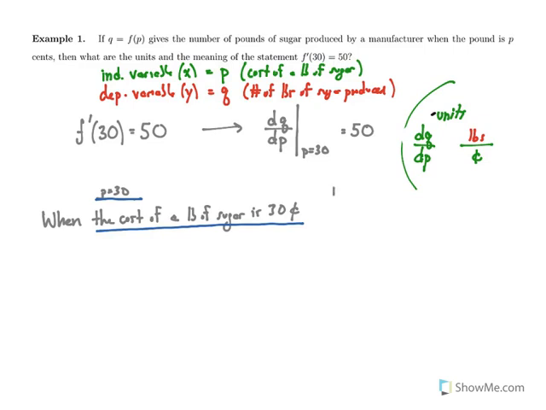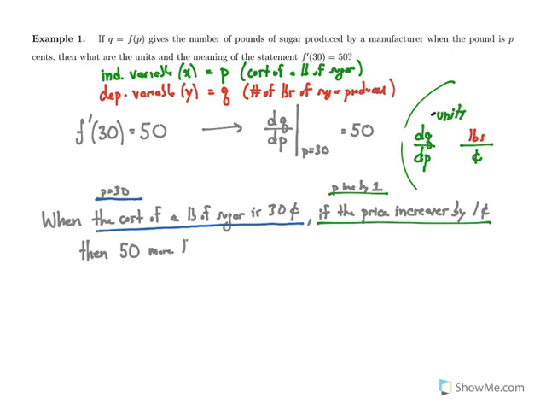When P equals 30, we're then going to say if P increases by 1, so when the cost of a pound of sugar is 30 cents, if the price increases by 1 cent, then 50 more pounds of sugar can be produced.